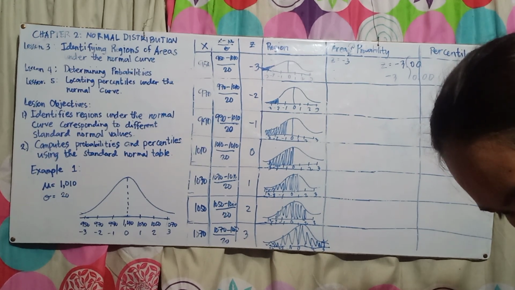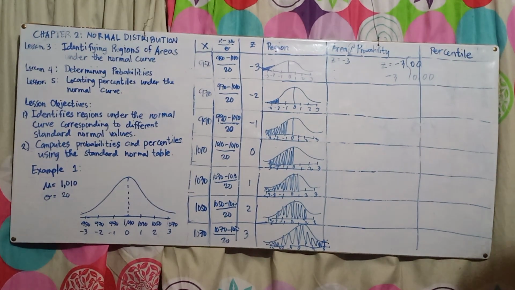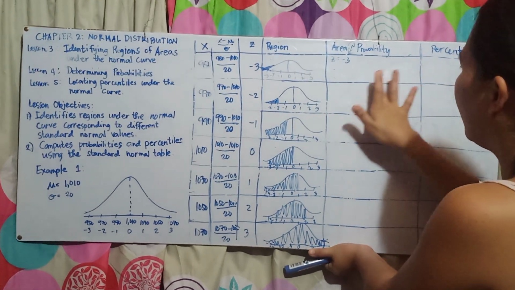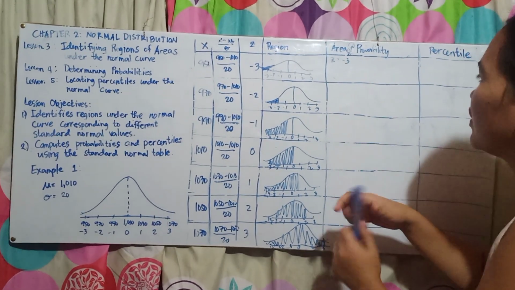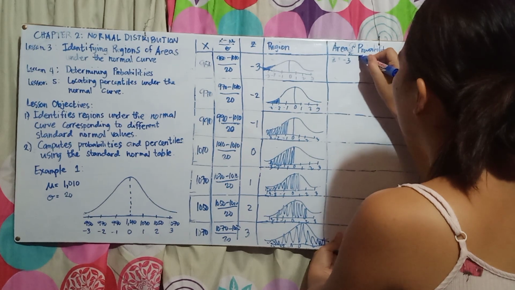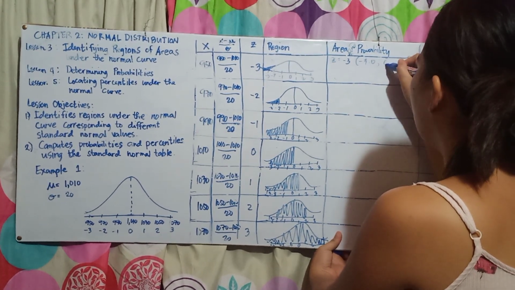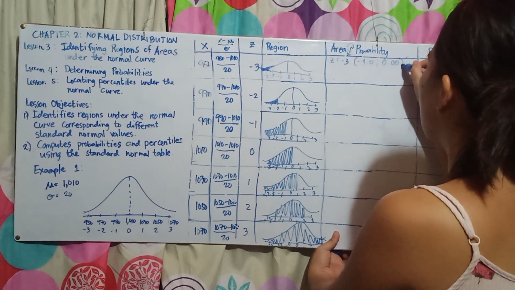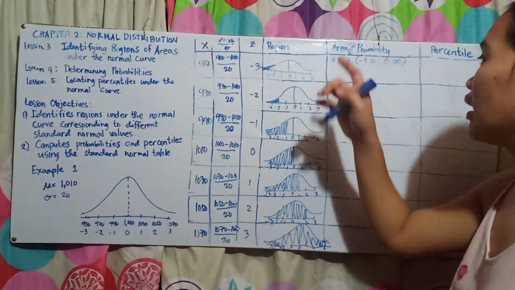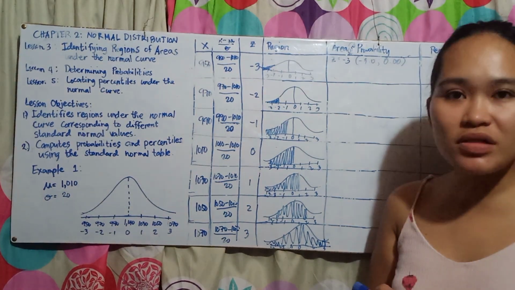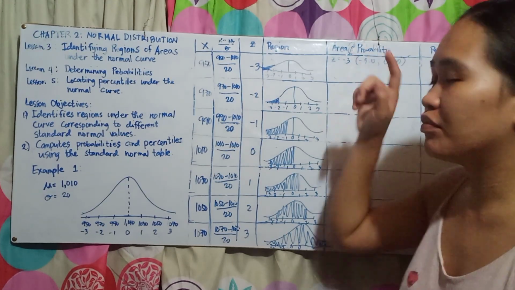So, pangitaon na nato na siya diri sa table. Negative 3.0 and 0.00. Kasi pag i-add mo ang negative 3.0 ug 0.00, same man gihapon, negative 3 ang result.